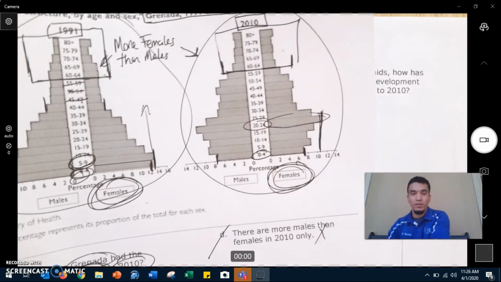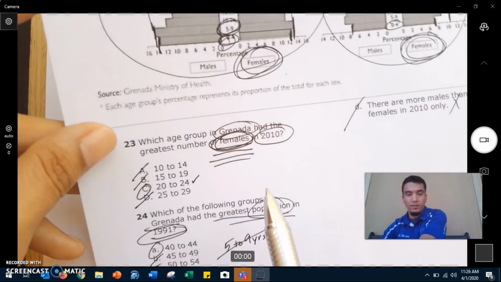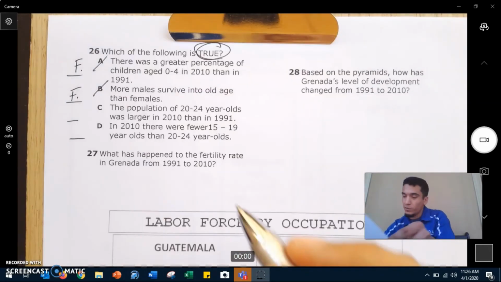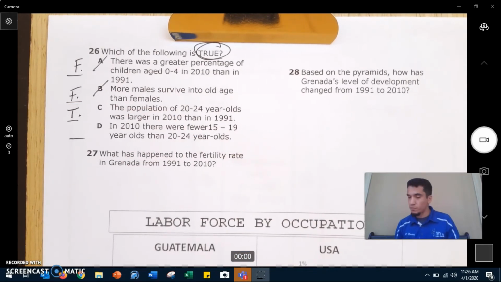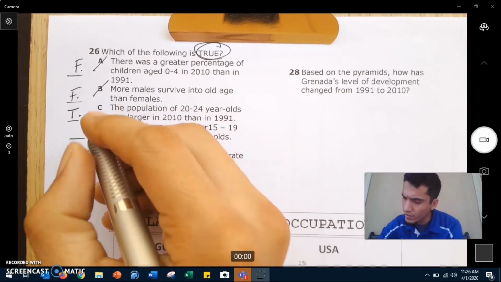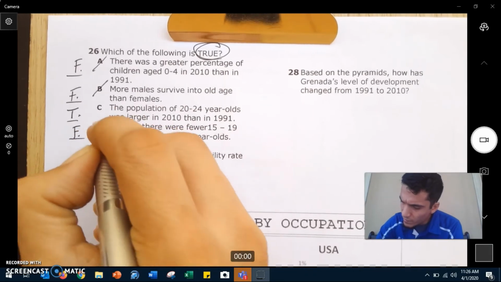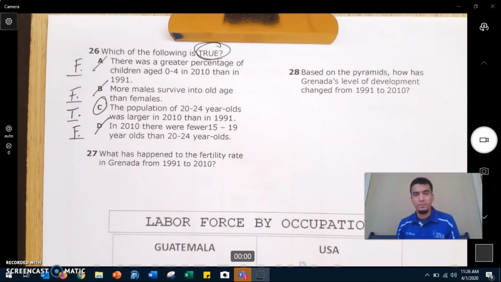We actually determined that earlier when we looked at number 23, so this is actually true. Okay, but let's make sure this is completely true and look at letter D. Let's be thorough, 100% every day, no excuses. In 2010, there were fewer 15 to 19-year-olds than 20 to 24-year-olds. No, we just said that was not the case. The answer was letter C.